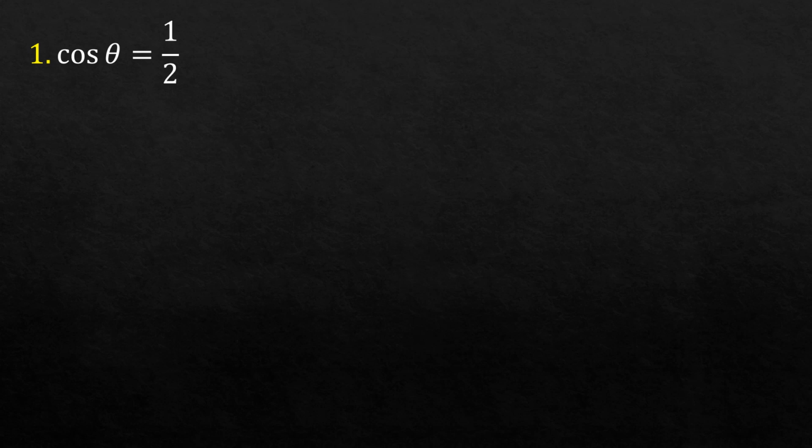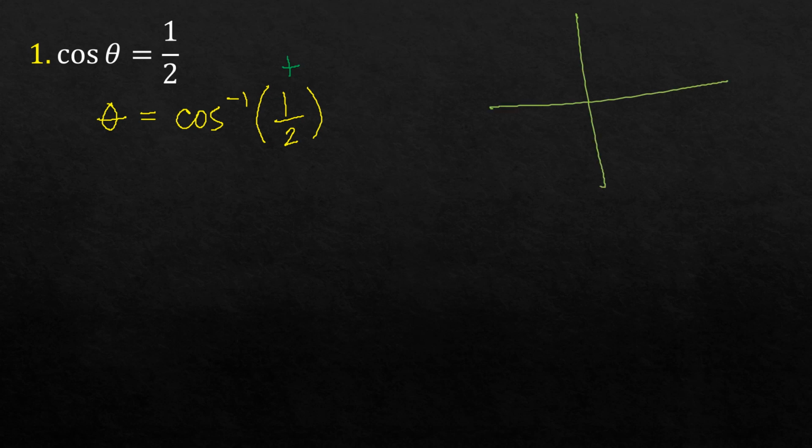In here, it is obvious that we are using the inverse function. So the first thing we need to do is to rewrite that theta is equal to inverse cosine of 1/2. Observing that the value inside our cosine is positive, that sign will guide us as to where we can find the angle. Remember that the first thing we need to know here are the solutions in the period of cosine.